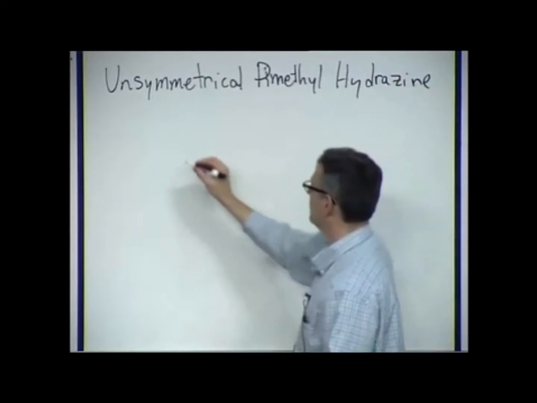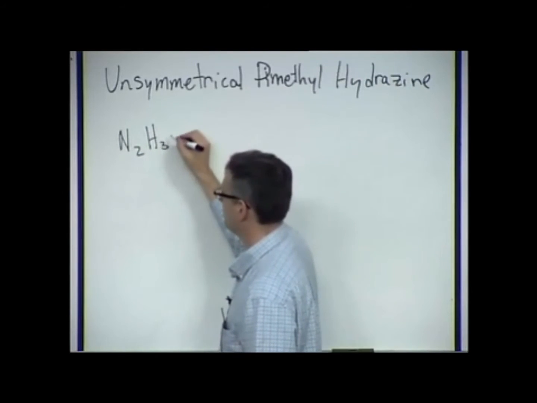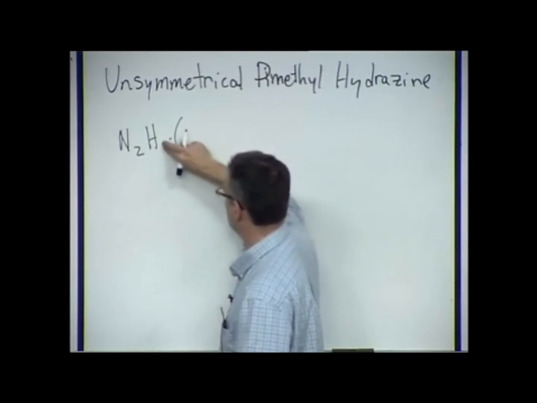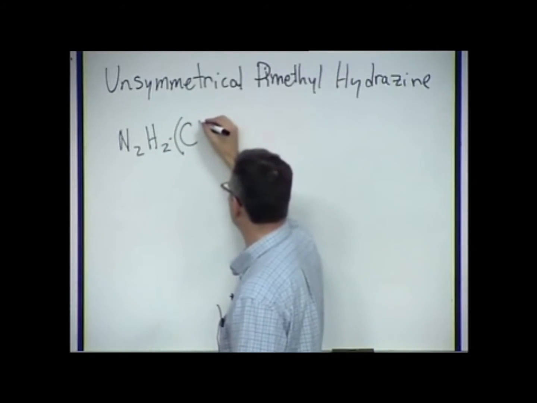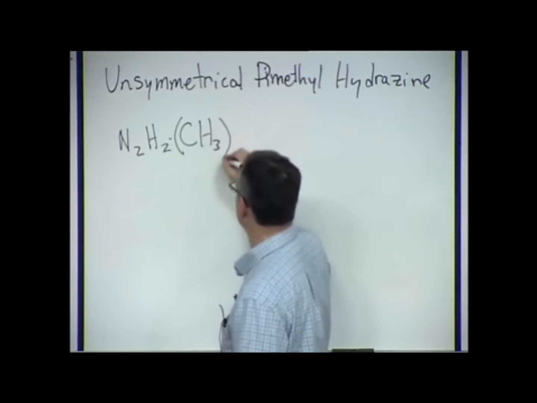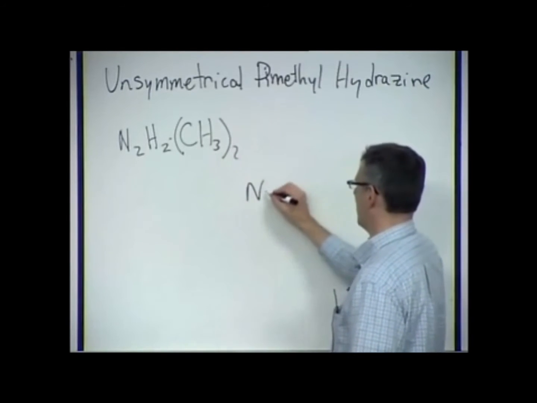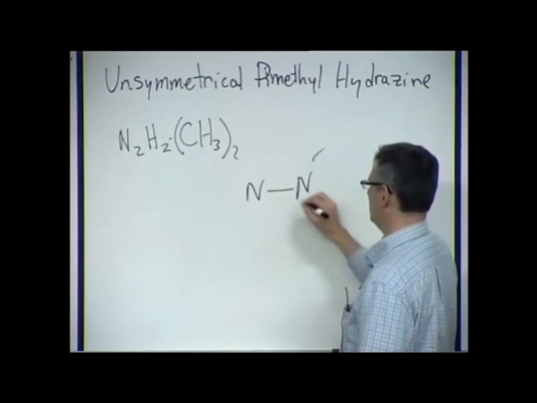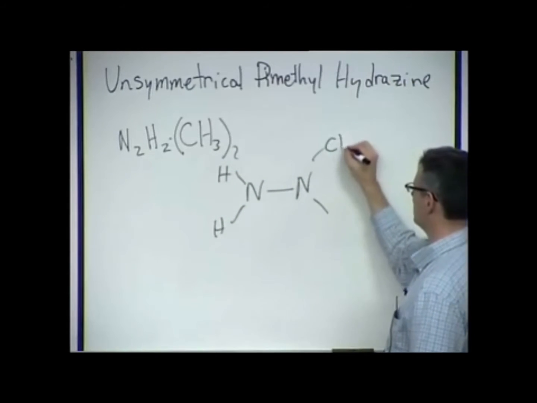And of course, that just has a slightly different formula. And in this case, you've got 2 nitrogens, 3 hands each. One has hydrogens, the other one has methyls on it.